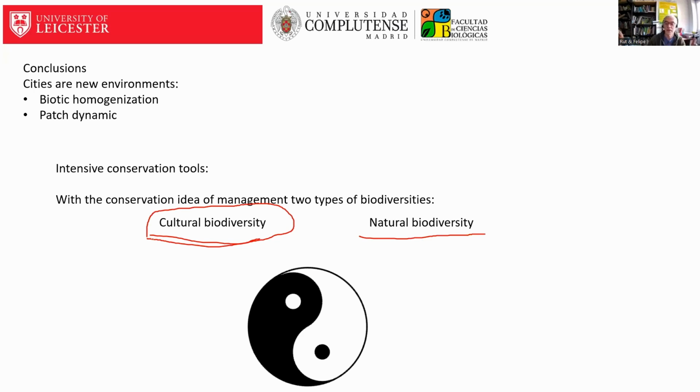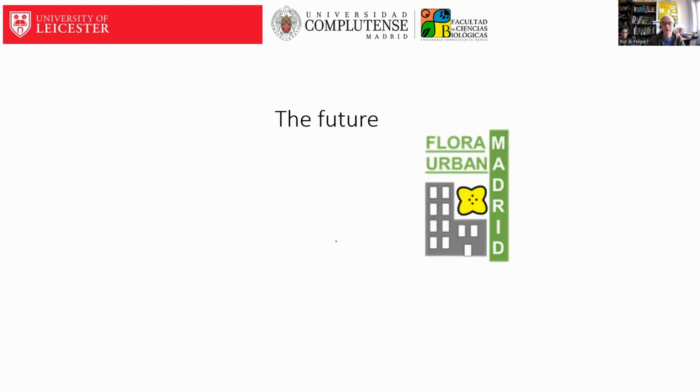I am talking not only about non-native species, but also planted species, horticultural species that grow in gardens, which are interesting if they keep their range in the city. So we have to put this together as botanists, because most of the people in Madrid, for example, love this cultural biodiversity more than the natural one. So, what about the future?